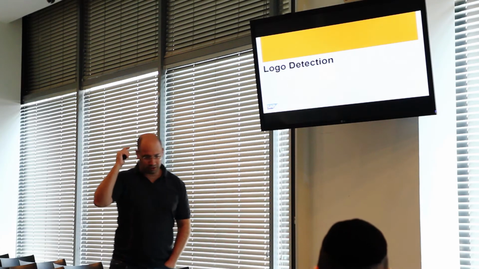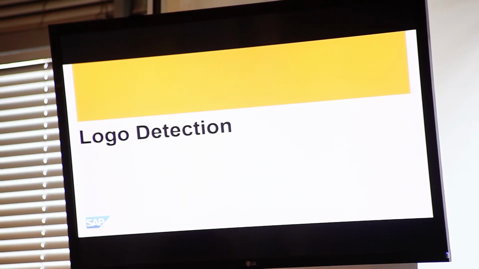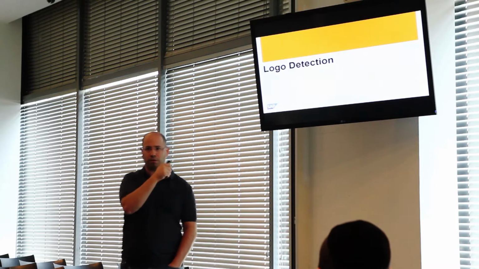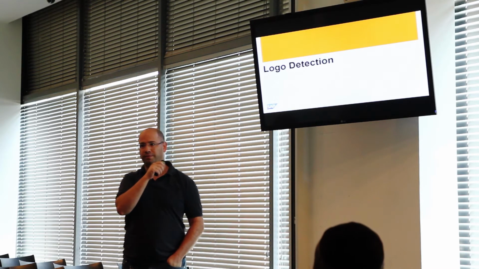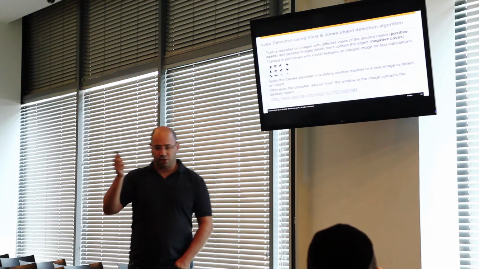Okay, so logo detection. This is not deep learning, this is not anything. It's actually a very, very simple algorithm. It took me about 2 hours to run the first version. The algorithm in general is called Viola-Jones. You might have heard of it. It's what all the cell phones use for face detection.